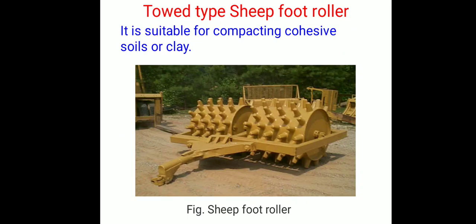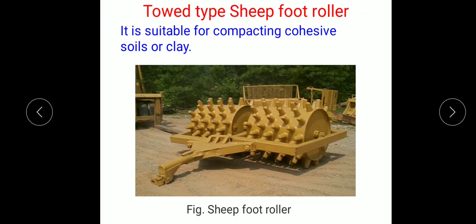So first type is the towed type sheep foot roller. The figure shows the towed type sheep foot roller. Such type of compactors are suitable for compacting the cohesive soils or clay, means where the availability of the water is more.